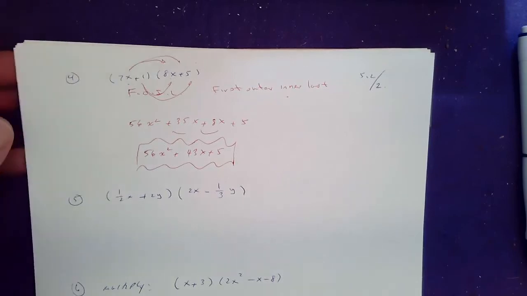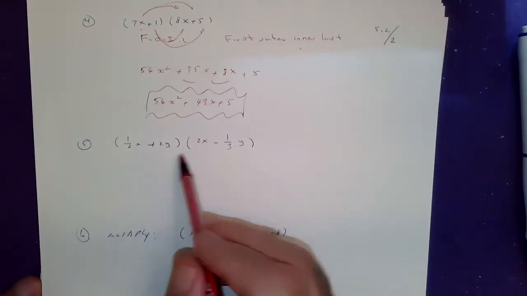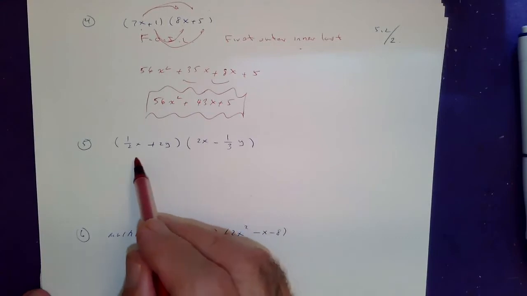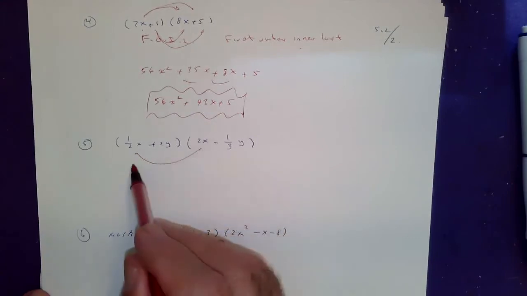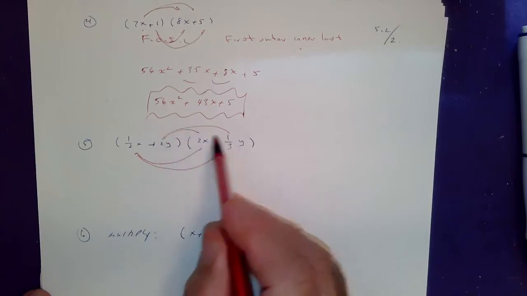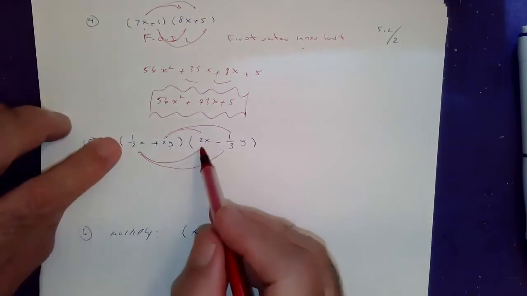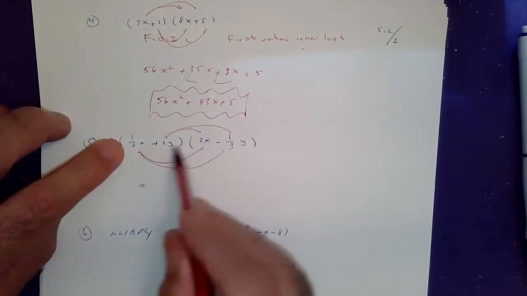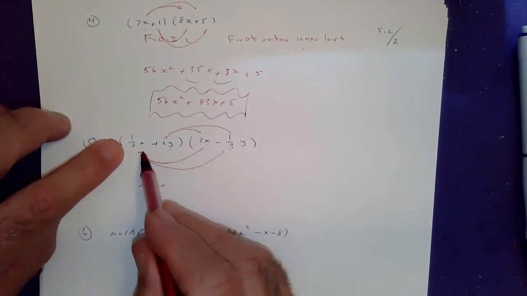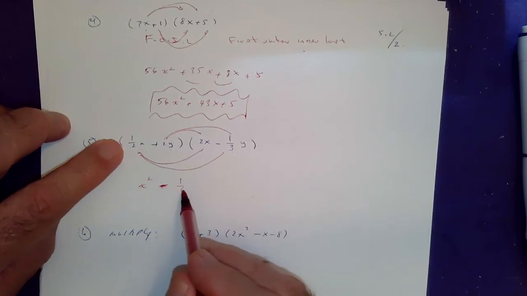So moving along, what if I have binomials, but my luck, one of the coefficients is a fraction? Don't panic. So distribute the 1/2 x by these two and come back and distribute these 2y by the same two expressions. So half of 2 is 1, but x times x is x squared. 1/2 times 1/3, believe it or not, is 1/6.